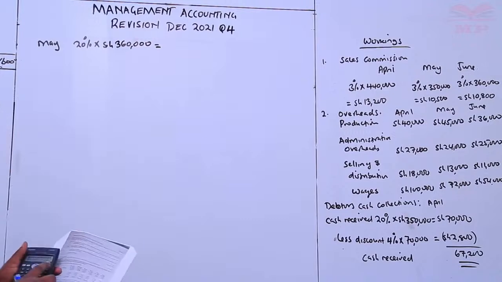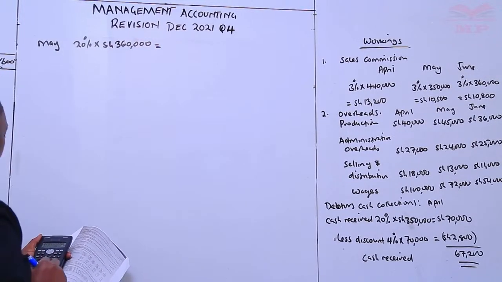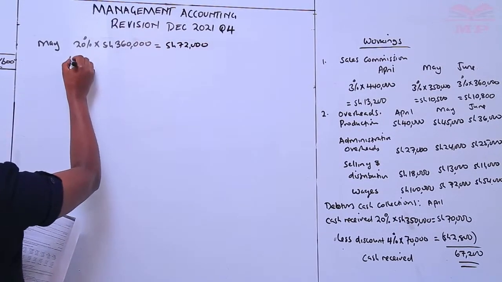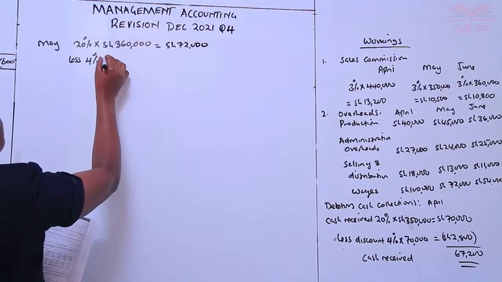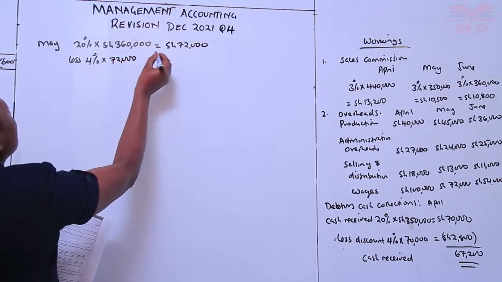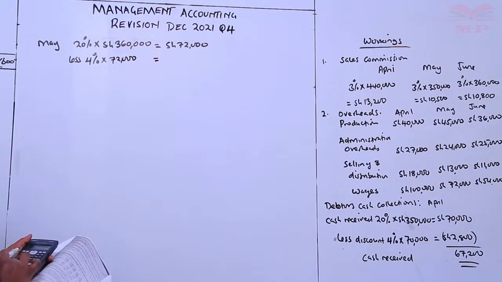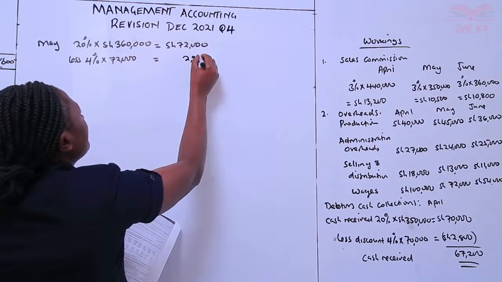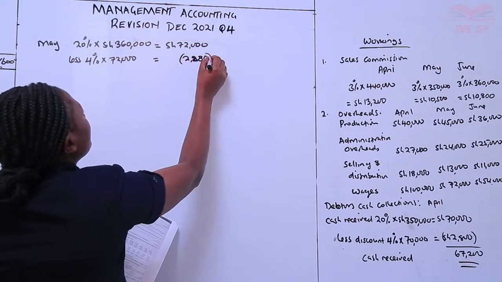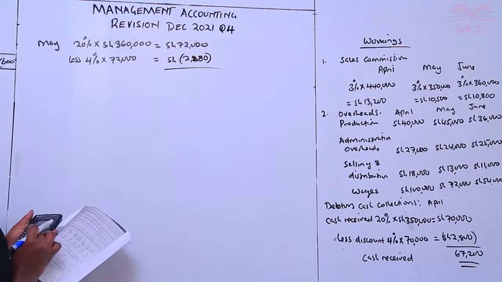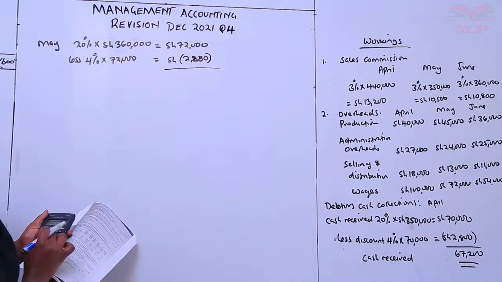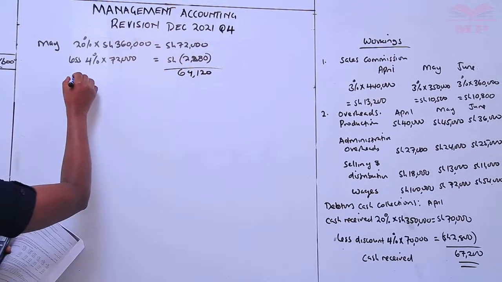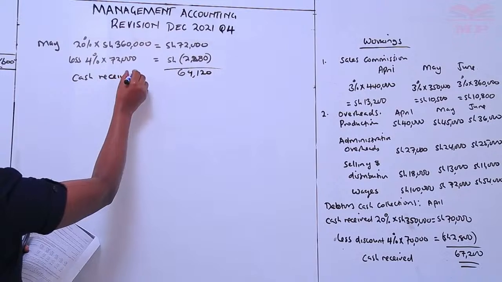When you calculate that, this will give us 72,000, and then we less 4% of 72,000, which is 2,880. So we subtract this, and this will give us 69,120. This is the cash that is received.